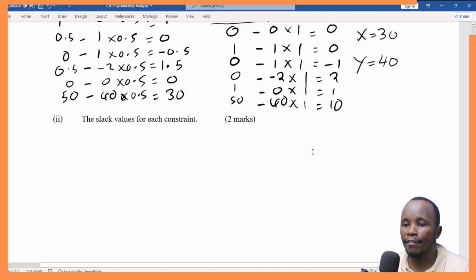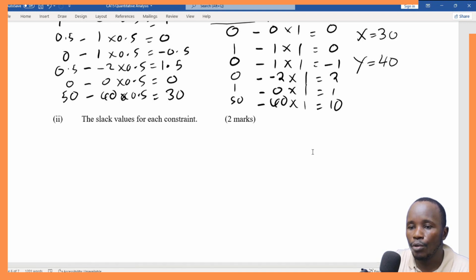Now, slack values for each constraint. That is part 2. Slack value, we have S1, S2, S3, and we call them resource. The slack values here were S1, S2, S3. Then value.